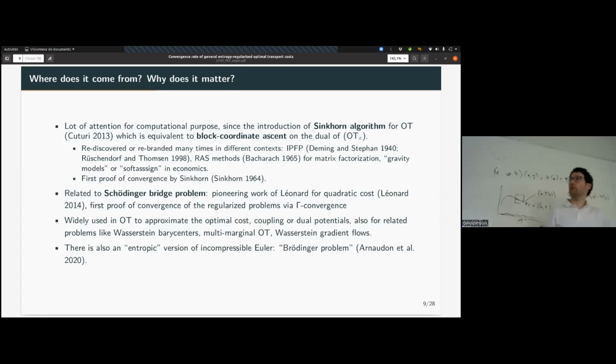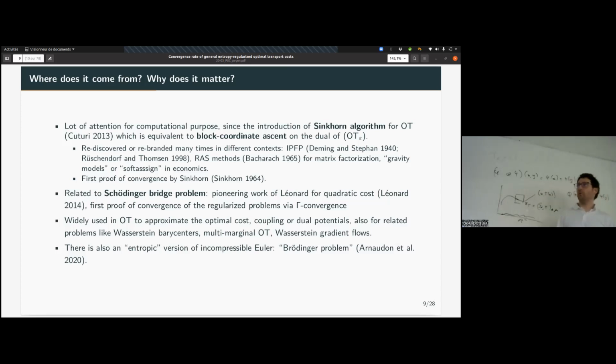It's called the Sinkhorn algorithm, and it corresponds to doing just a block coordinate ascent on the dual that I just wrote before. You maximize with respect to phi, there is a closed-form formula for this. You maximize with respect to psi, and then you iterate. It's really like a two-line implementation, the simplest way to implement it. Then you have speed-ups, you can speed this thing up. So it's very simple and very fast. But you don't get the original solution, you get only an approximate solution because of this parameter epsilon.